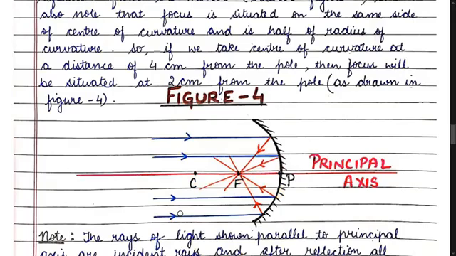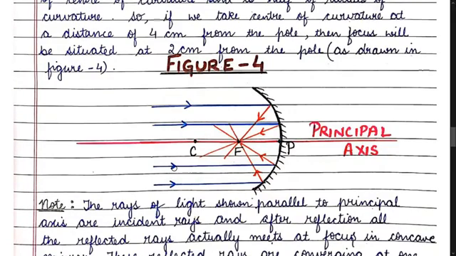So if we take the center of curvature at a distance of 4 centimeter from the pole, then focus will be situated at a distance of 2 centimeter from the pole. So students, see figure number 4.